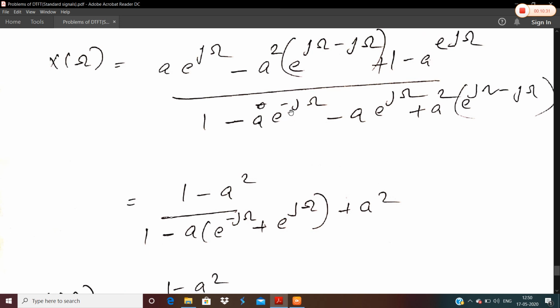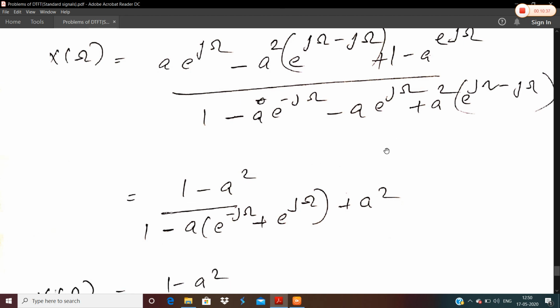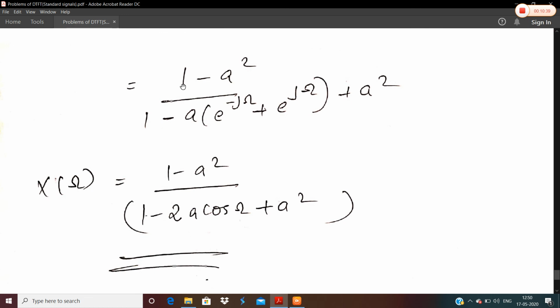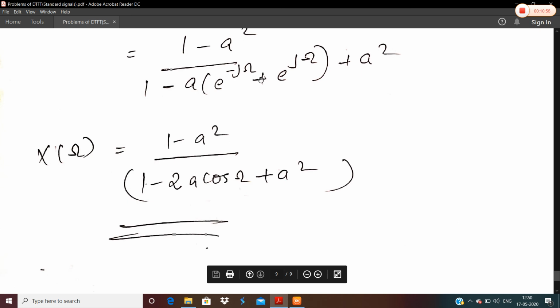It becomes e raised to minus j omega plus e raised to j omega. So this can be simplified as 1 minus a square by, this is e raised to j theta plus e raised to minus j theta, which is nothing but 2 cos theta. So 2 into a is here. Here theta's value is omega plus a square. So this is the DTFT of the given signal.